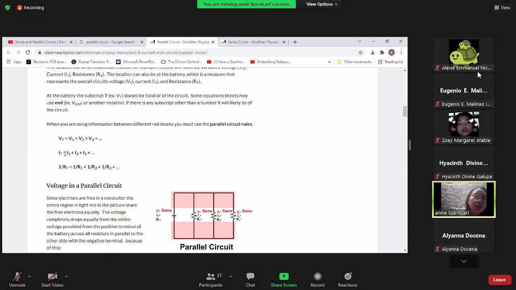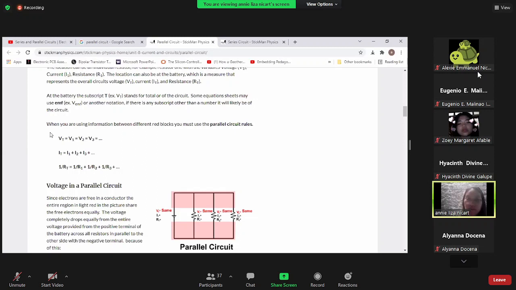Okay, so the total current in parallel connection will be equal to the current through load number 1, plus the current through load number 2, plus the current through load number 3, and so on. Ang current, diri magpaprihas.